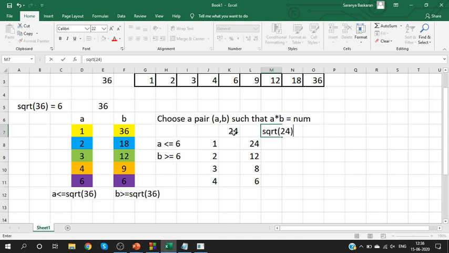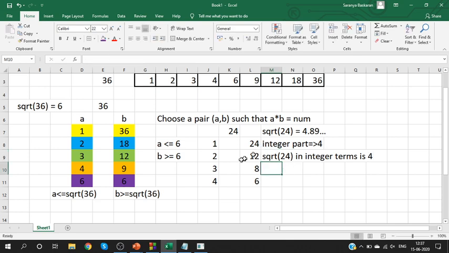The square root of 24 is 4.89 something. It goes on. Take the integer part alone. Integer part is 4. So I can say that the square root of 24 in integer terms is 4.